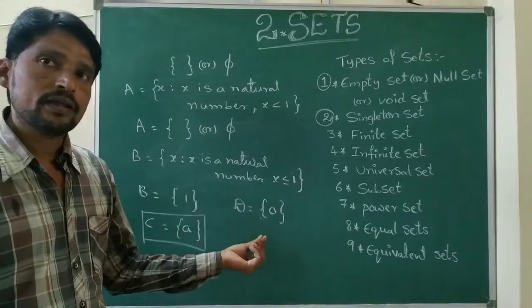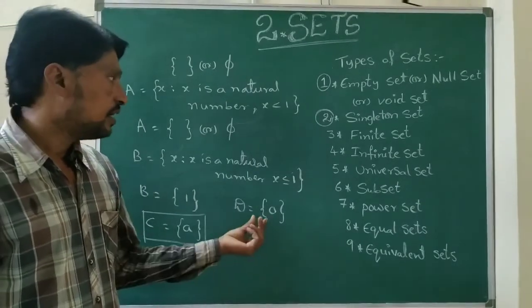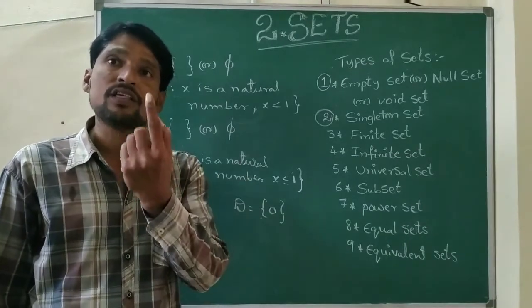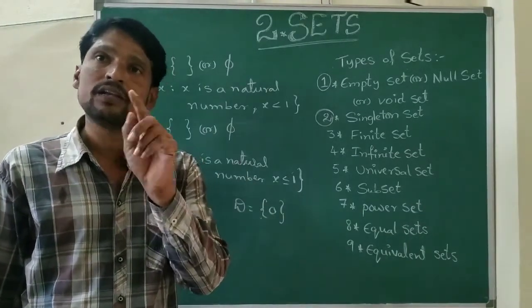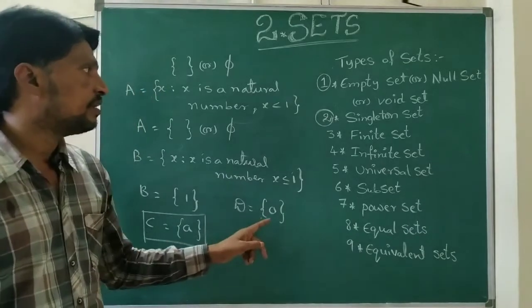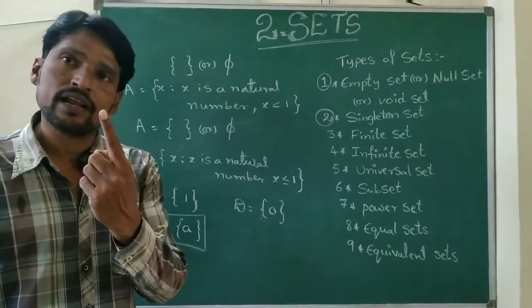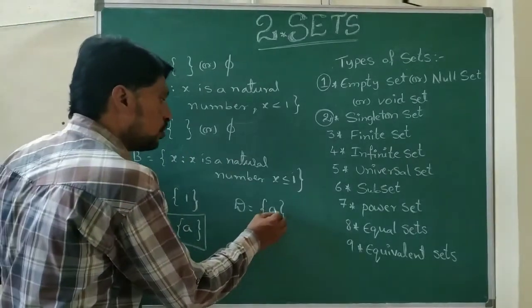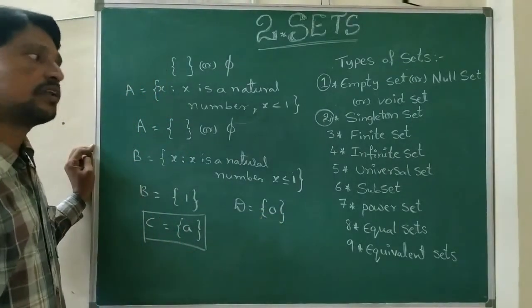Is it the null set or a singleton set? It is a singleton set, because only 0 is the element in it. Only one element, that is 0, means this is the singleton set.